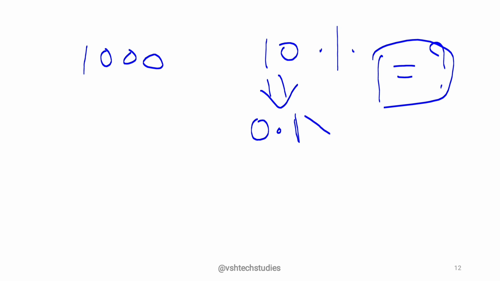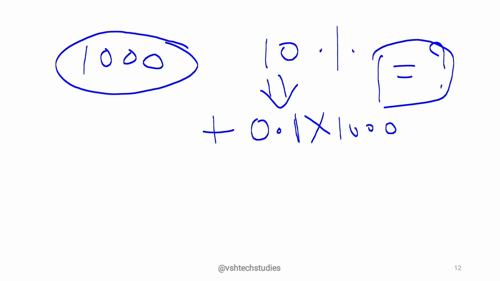So 10% of 1000 means 0.1 into 1000. That is added to the original value, that is 100%, plus 10%. So 100% means 100 upon 100, that is 1.